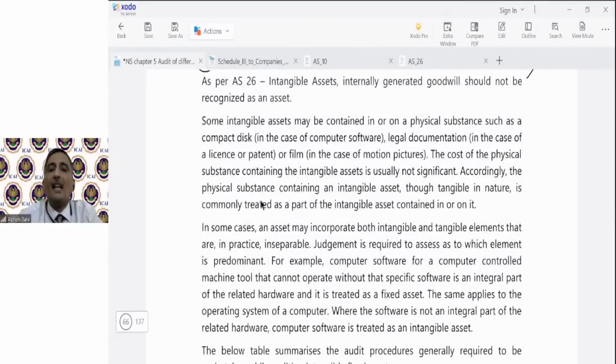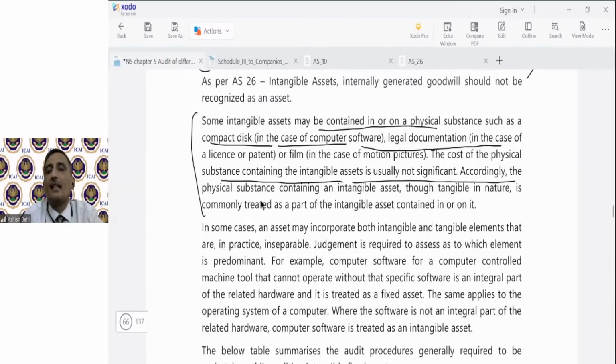So some intangible assets may be contained in a physical substance. The cost of the physical substance is usually not significant.